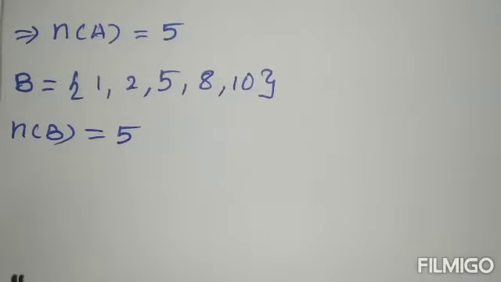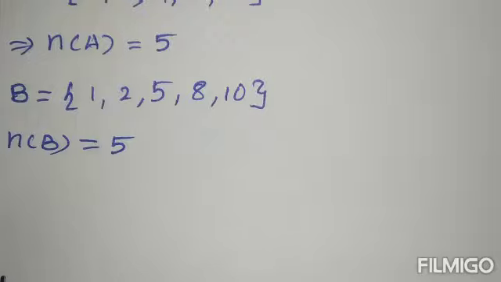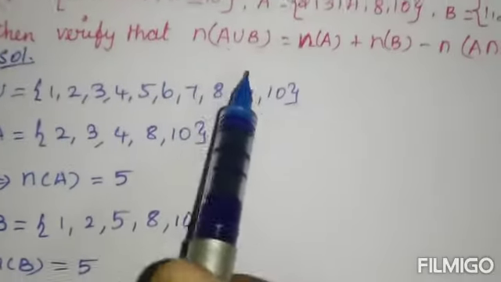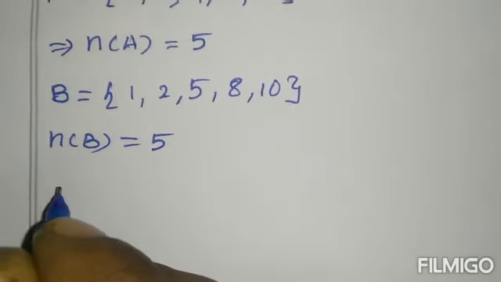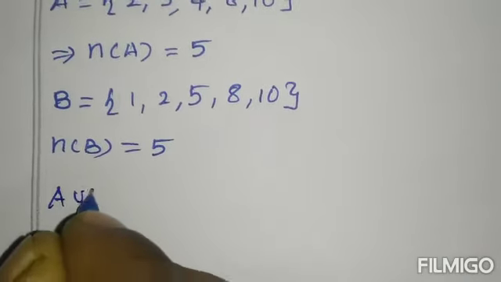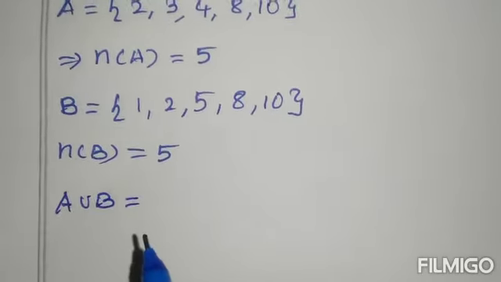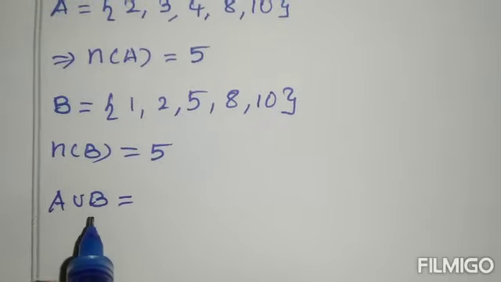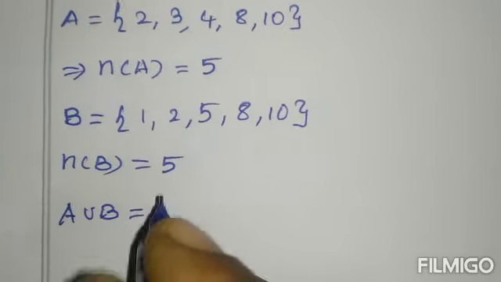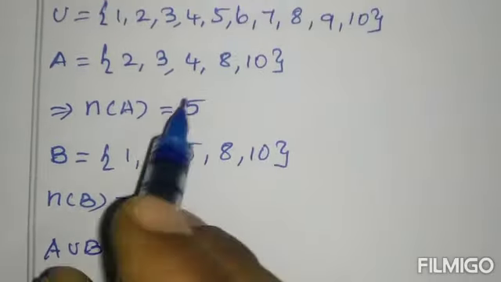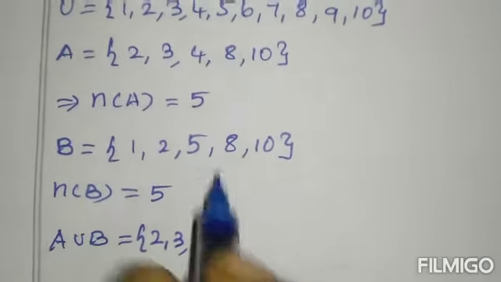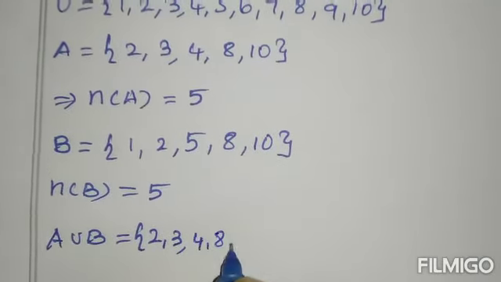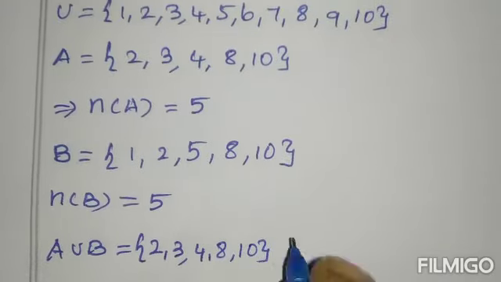So now let us find the LHS, left hand side of the given, that is n of A union B. Before finding n of A union B, first we have to find A union B. Only if we find A union B can we find n of A union B. So now listing the elements of A: 2, 3, 4, 8, 10.